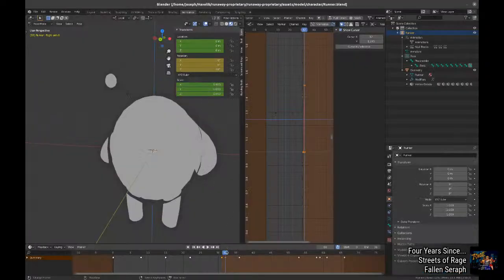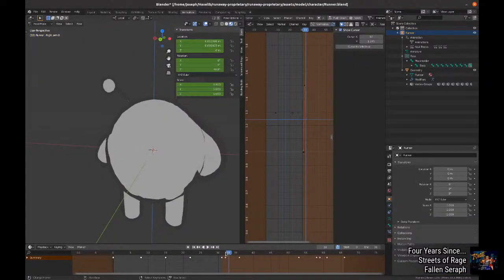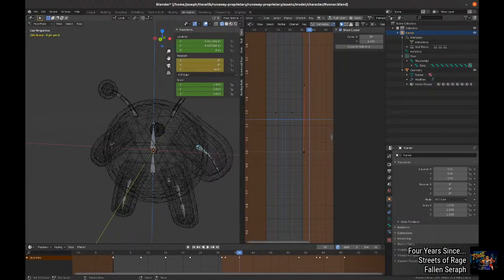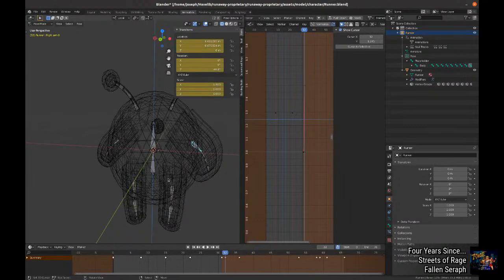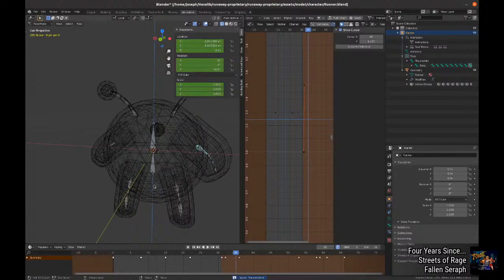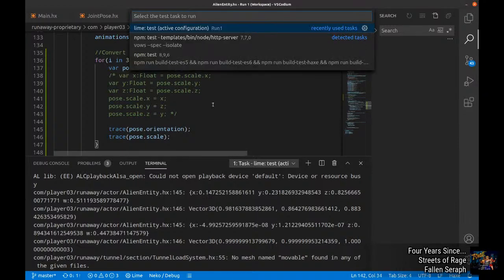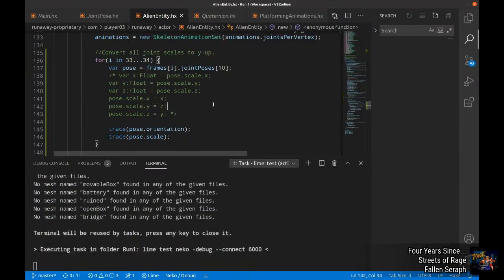Oh right, I need to look at... Okay, so it keeps that the whole time. Nice. So looking at frame 33, we'll get the same results.